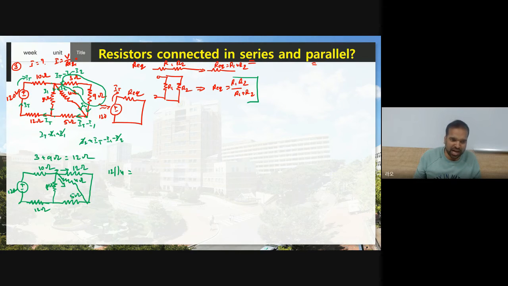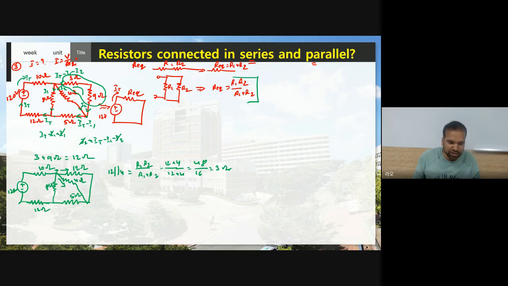Let us assume R1 equal to 12, R2 equal to 4. Therefore here you can write 12 into 4 by 12 plus 4. This is 48 by 16. Therefore you will get 3 ohm.